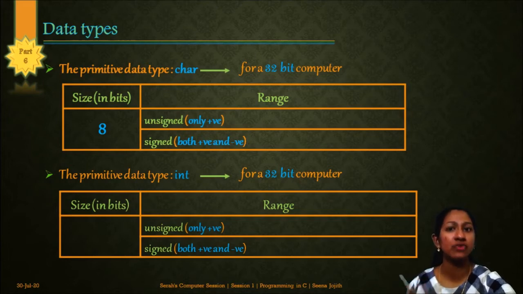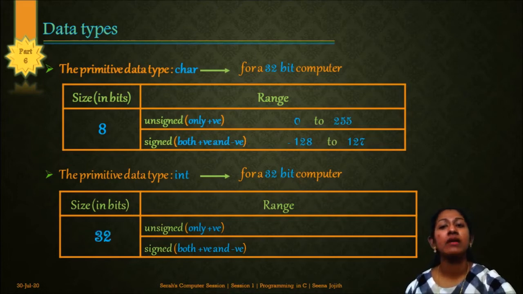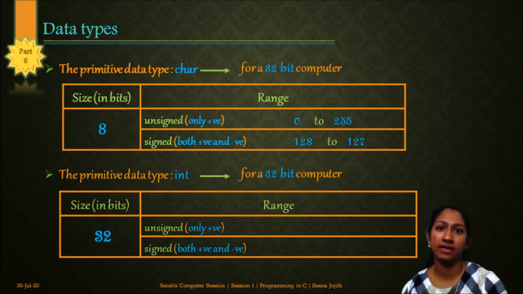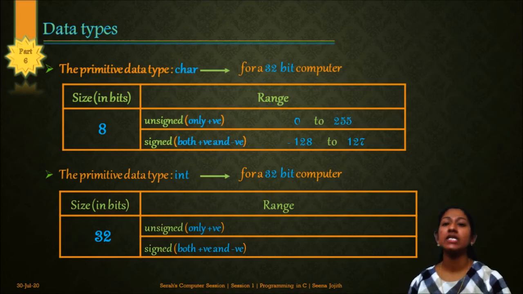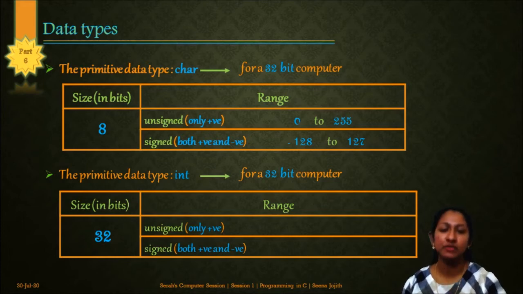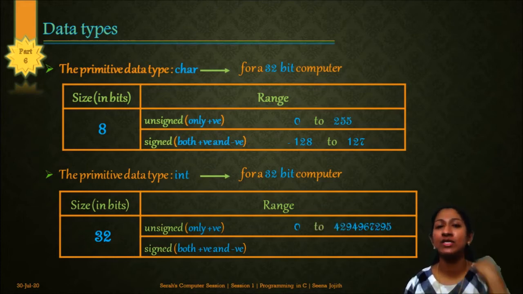For 16-bit also it was 8 bits, so there is no change in the range. You get the same range for a 32-bit computer. Coming to an int data type, there is a change. The size allocated is 32 bits. So when you calculate 2 raised to 32 minus 1, you get this value. I'm not going to read that value.